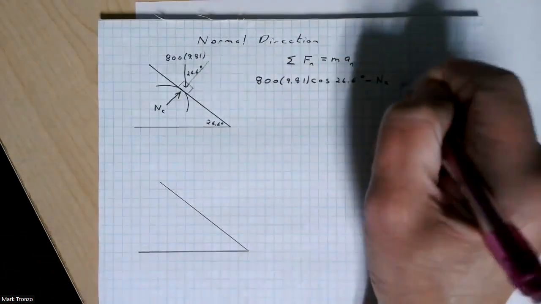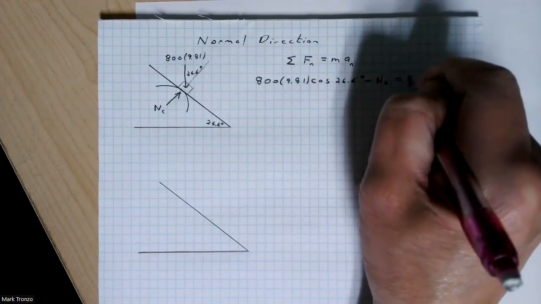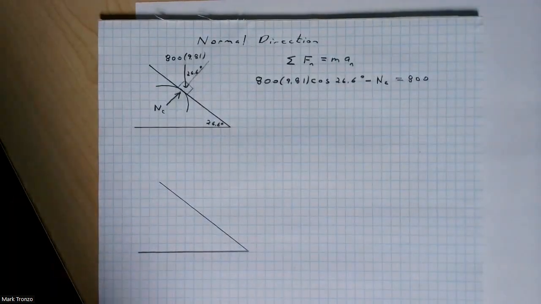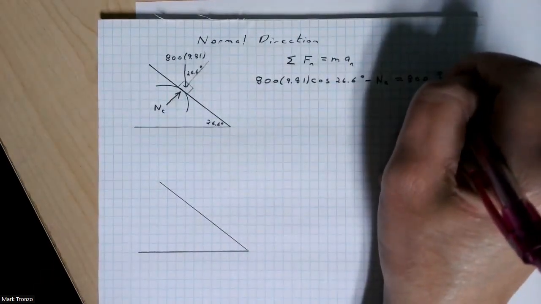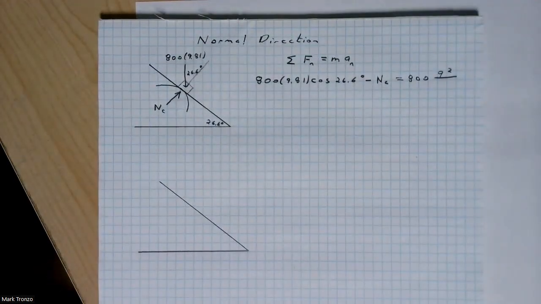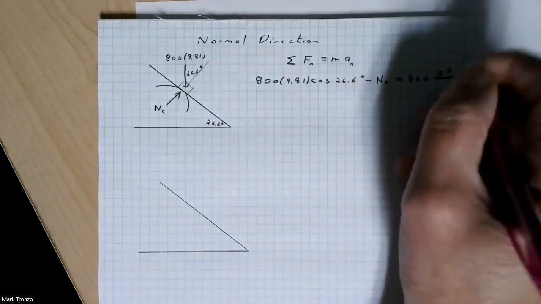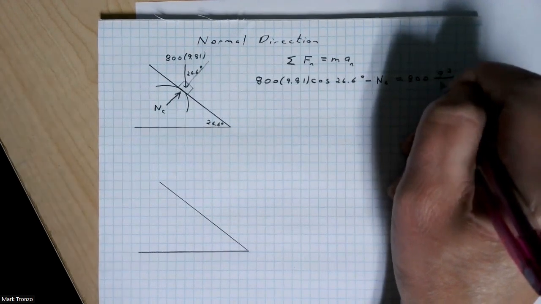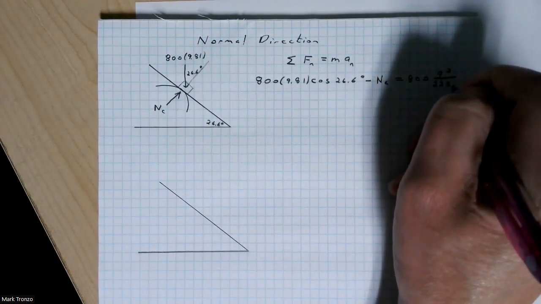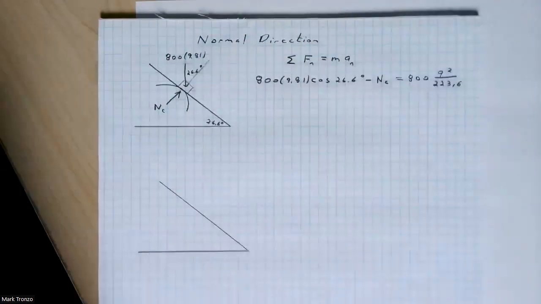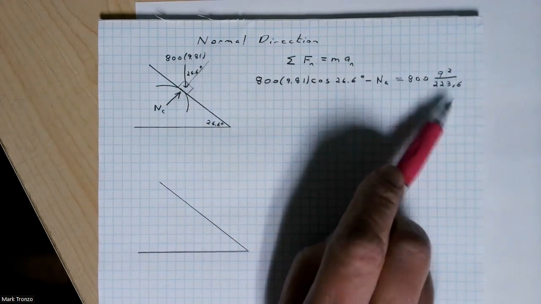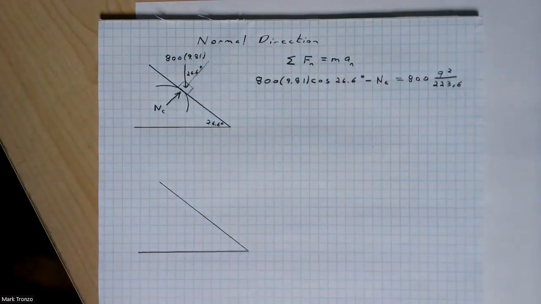Again, the mass is 800 kilograms, and our velocity was 9. We also determined that rho was 223.6. We calculated that a minute ago. So remember, this is v squared over rho for the normal acceleration.